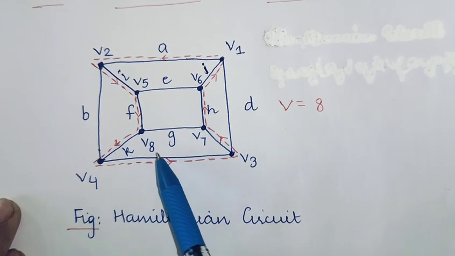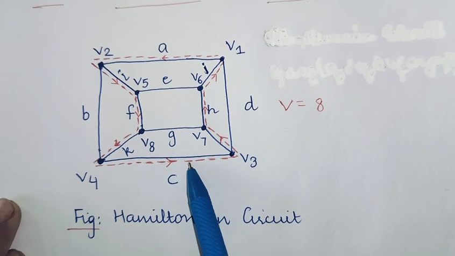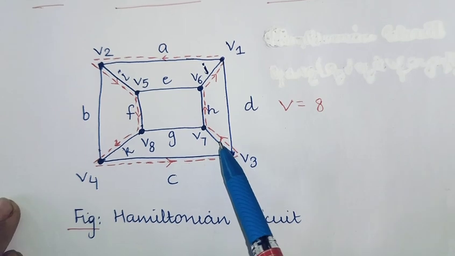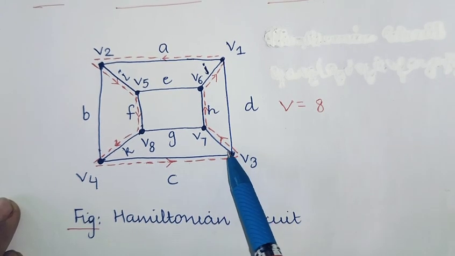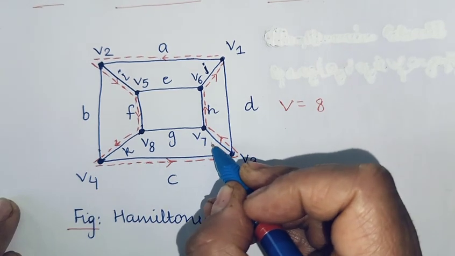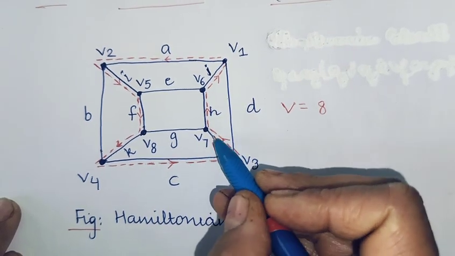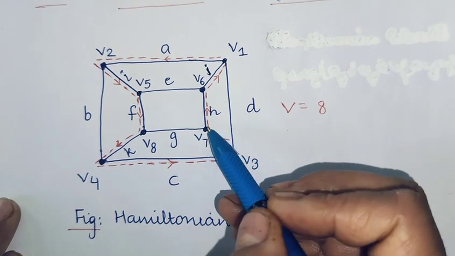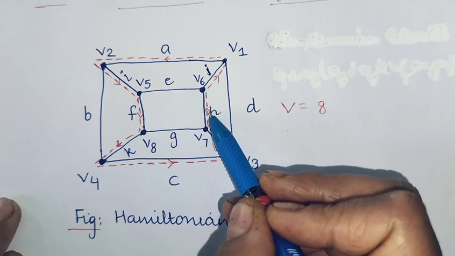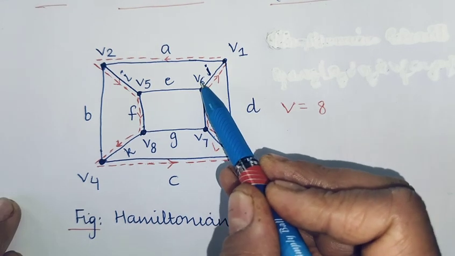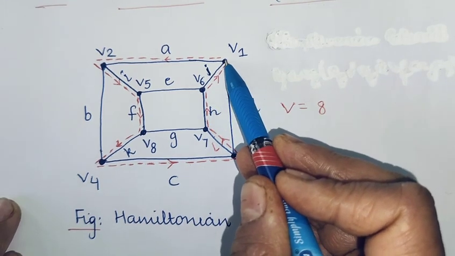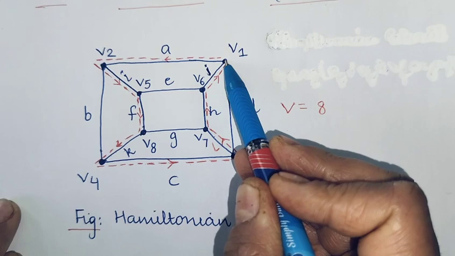From vertex V4 I will travel along edge C and reach vertex V3. After reaching vertex V3 I shall travel along edge L and reach vertex V7. From V7 I shall travel along edge H and reach vertex V6. From vertex V6 I shall travel along edge I and finally reach vertex V1 again.